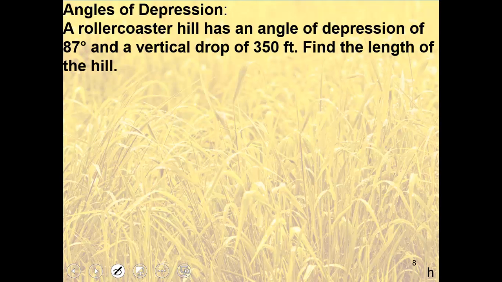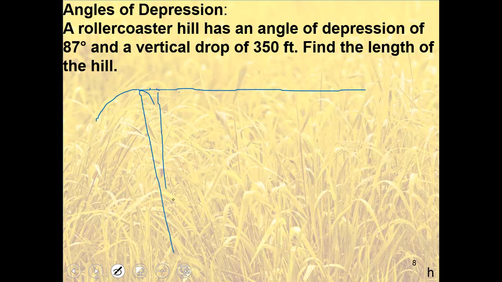I have this roller coaster coming up and dropping, right? And then my angle of depression, here's my line of sight. My angle of depression is 87 degrees. So what is the length of my hill? I have a vertical drop of 350.